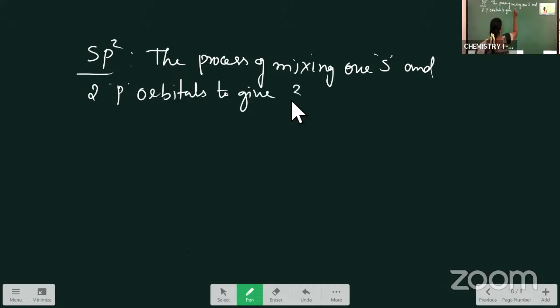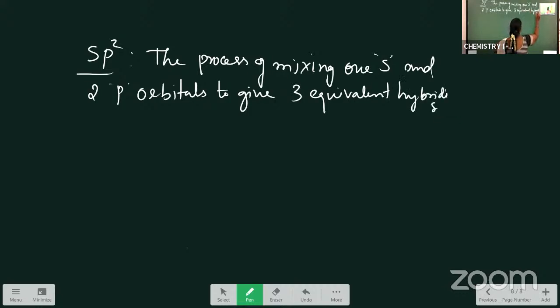To give 3 equivalent hybridized orbitals is called sp2 hybridization.